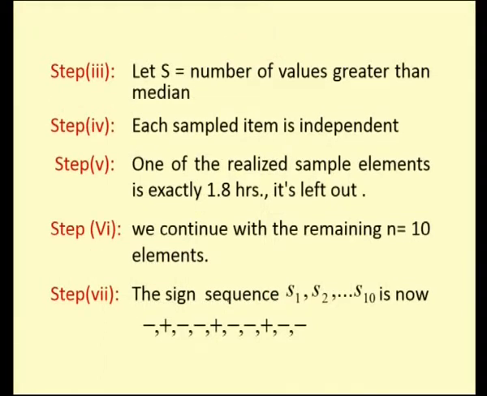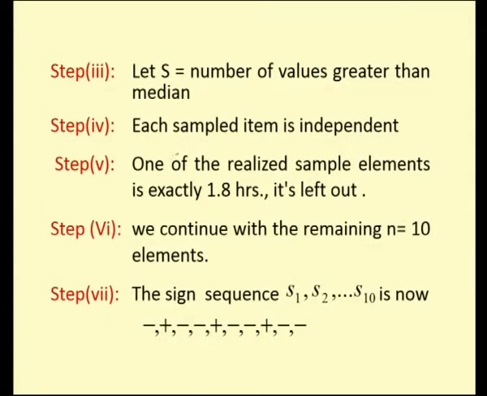Step 3, let S be the number of values which are greater than the median. That is, from the given observations we have to check how many values are greater than 1.8. Here each sampled item is independent. One of the realized sample elements is exactly 1.8 hours, so it is left out.